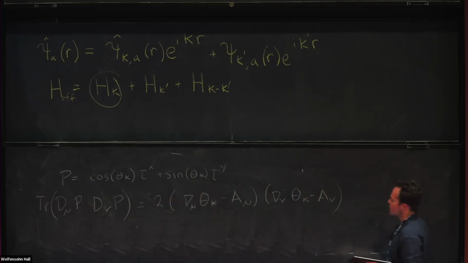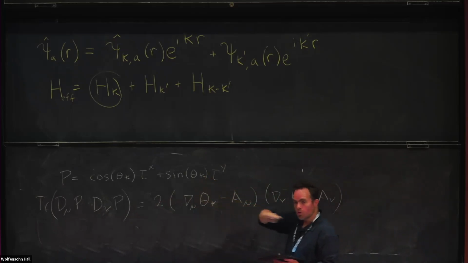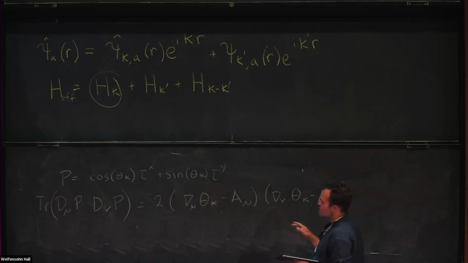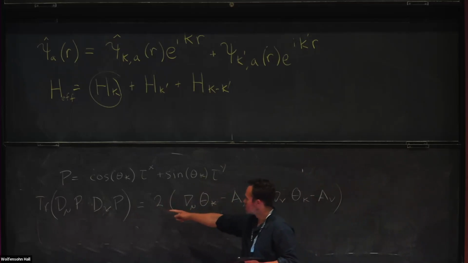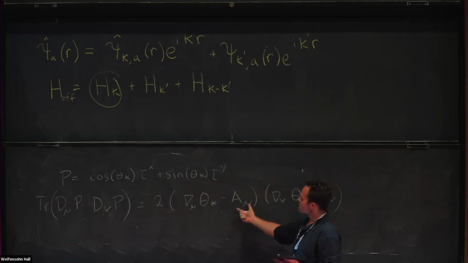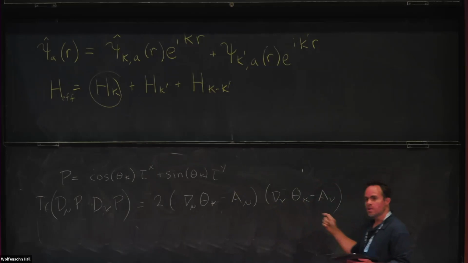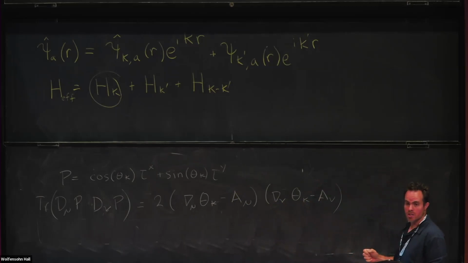So what's the takeaway here? Theta k is like the local in k space intervalley order parameter. And apparently under all these approximations, the elastic energy is like the gauge covariant derivative squared, right? Which is exactly the same Lagrangian as you get, for example, for a superconductor, right?